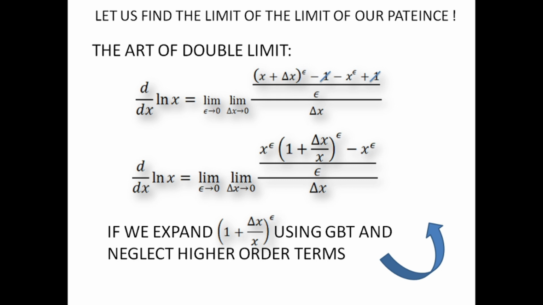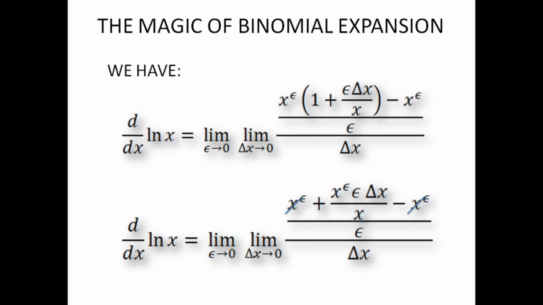If we expand 1 plus delta x by x power epsilon using the generalized binomial theorem and neglect higher order terms, we have x power epsilon within brackets 1 plus epsilon delta x by x, minus x power epsilon, over delta x.